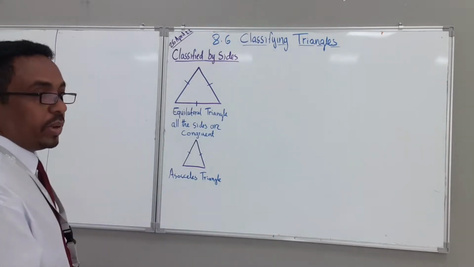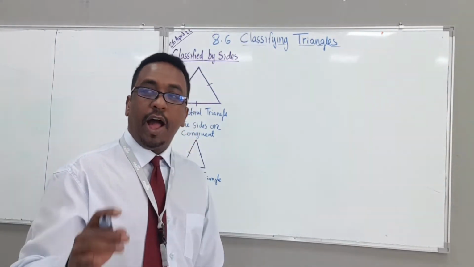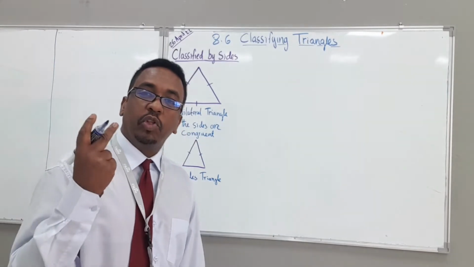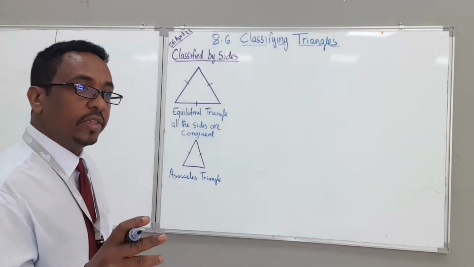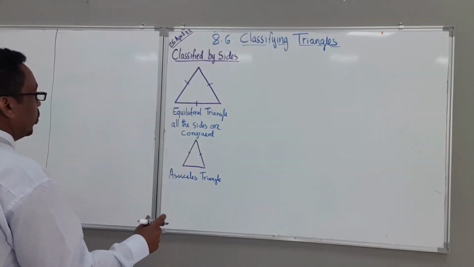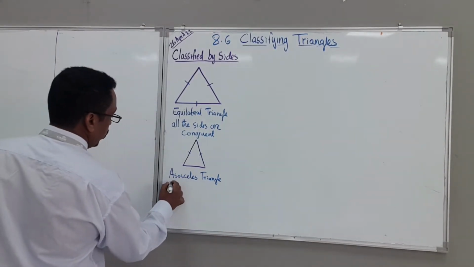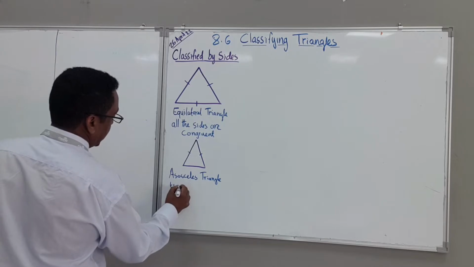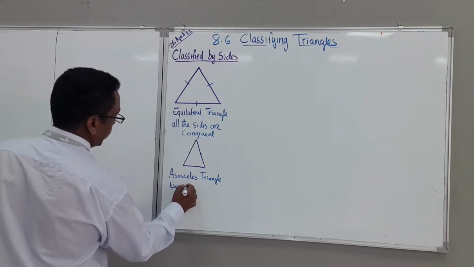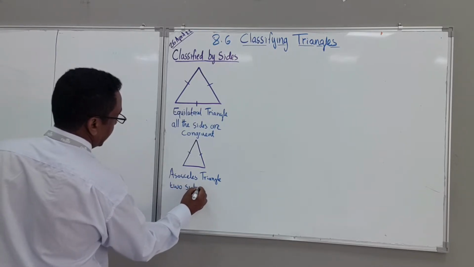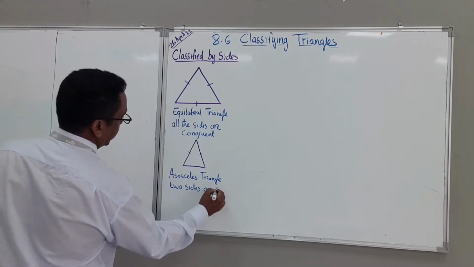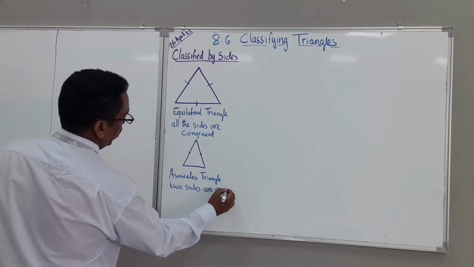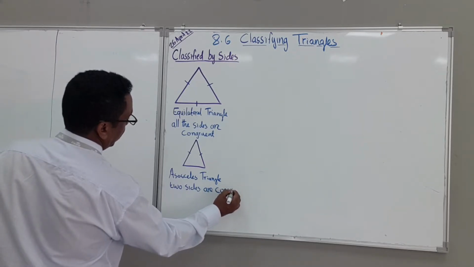What do we know about an isosceles triangle? An isosceles triangle has at least two sides which are congruent, or two sides which are equal. So at least two of the sides are congruent.